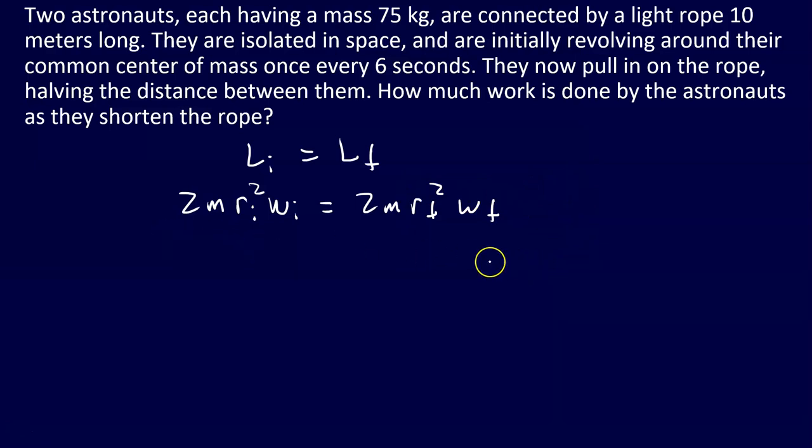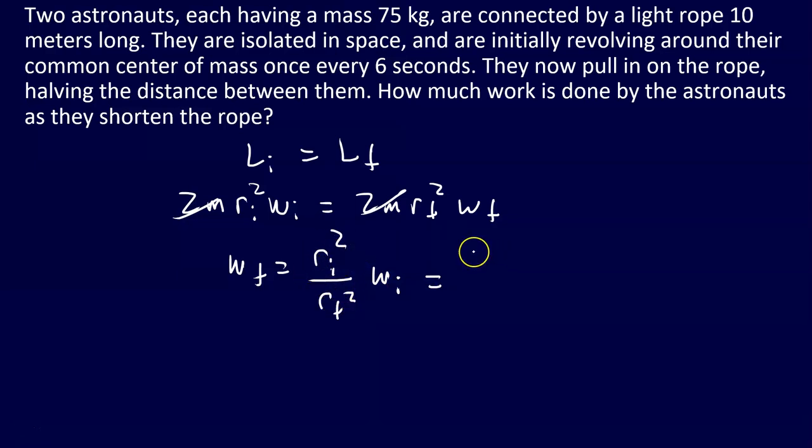So what's nice about this is I can just cancel out the 2m, since that doesn't change in the problem. And so I can get an equation: omega final is going to equal ri squared divided by rf squared times the omega initial. And so again, we can put numbers in here.